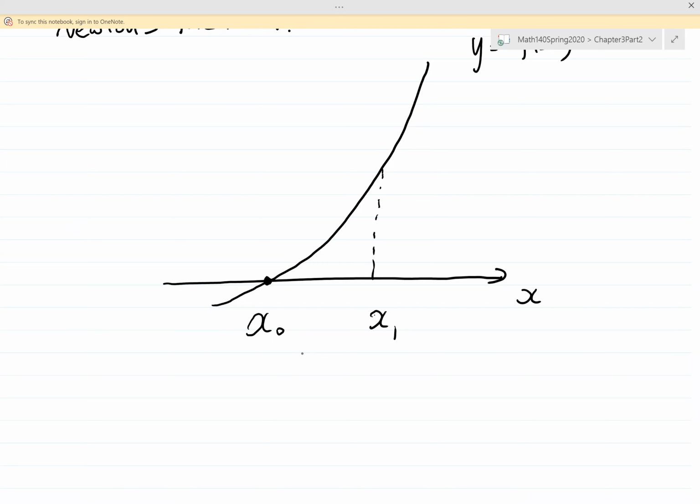Go upstairs from x1 to the intersection with the curve, and at that point x1, y1 we plot the tangent line. Then the tangent line L1 intersects the x-axis at a point x2.